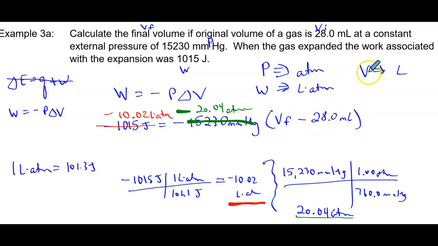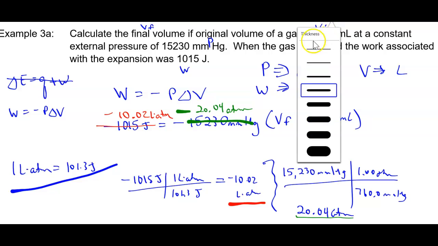All right, and we have to have volume in liters, so I've got to convert that. To remind myself, I'm going to do that over here. So I'm going to take 28.0 milliliters. Let's try that with an easier pen to read. Sorry about that, the pens do not stay the thinness they're supposed to.